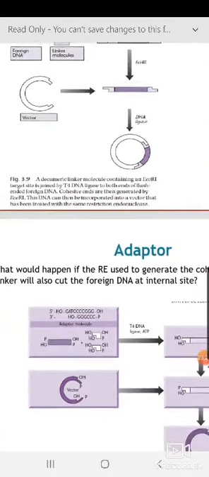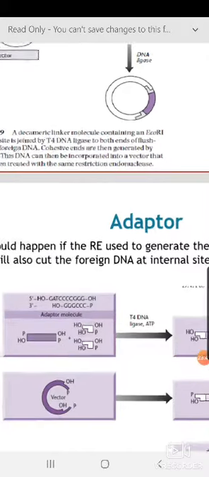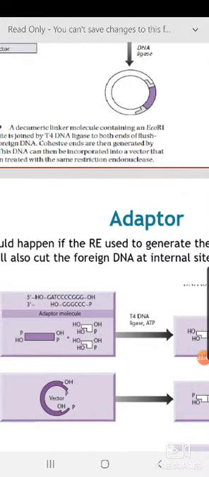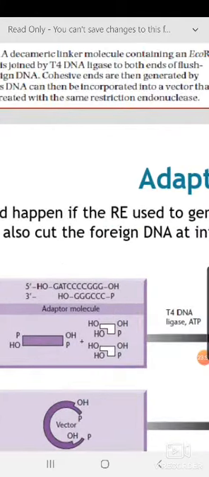Now imagine a situation where the enzyme site you wanted to use is already there inside your foreign DNA. Then if you use that restriction enzyme, your foreign gene will be in two pieces. So you don't want that kind of enzyme. You can change the enzyme. If you don't get one, then how are you going to clone? See the problem, okay?